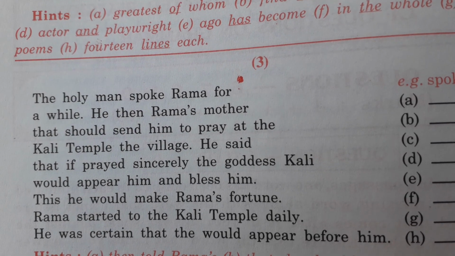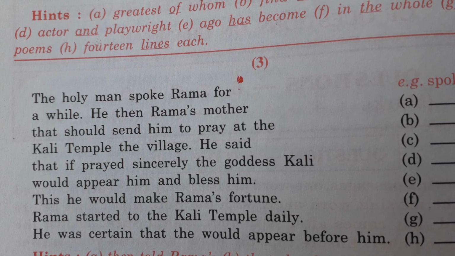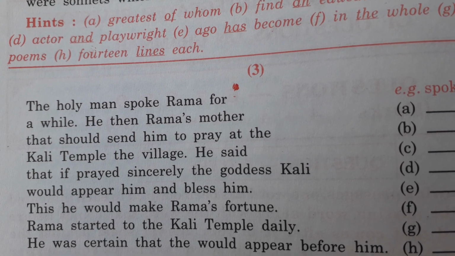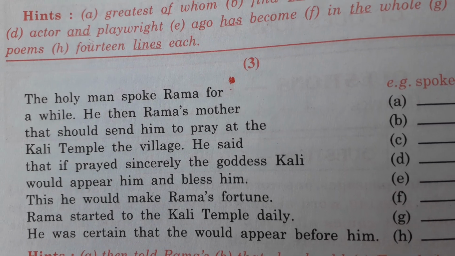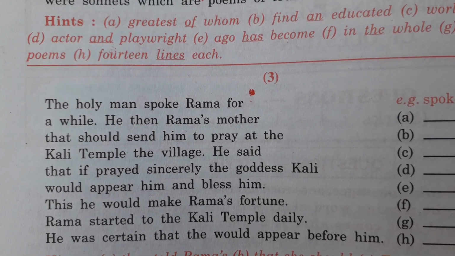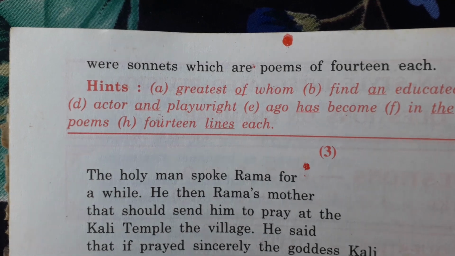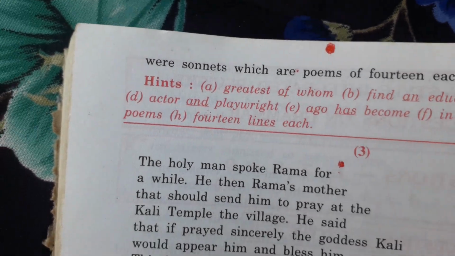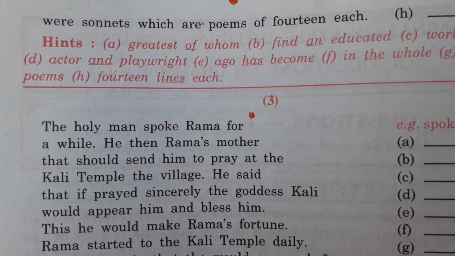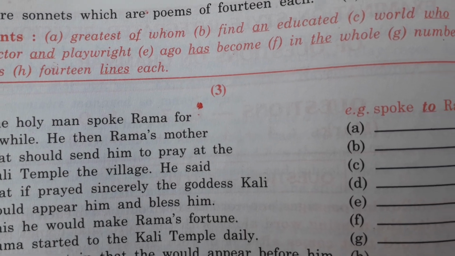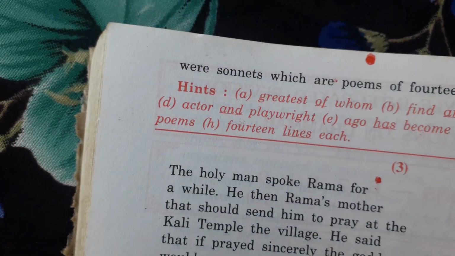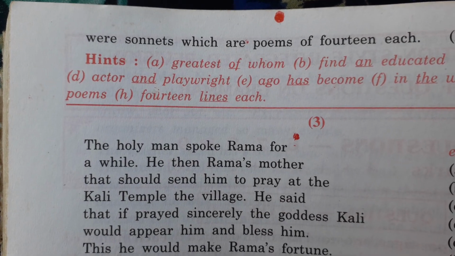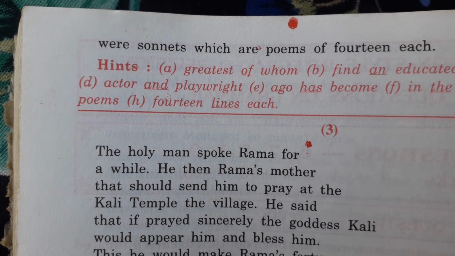Rama started to the Kali temple daily. He was certain that the dash would appear before him. I think all the words are clear to you. First is the holy man spoke Rama for, and it is given spoke to Rama for. The holy man spoke to Rama for a while.